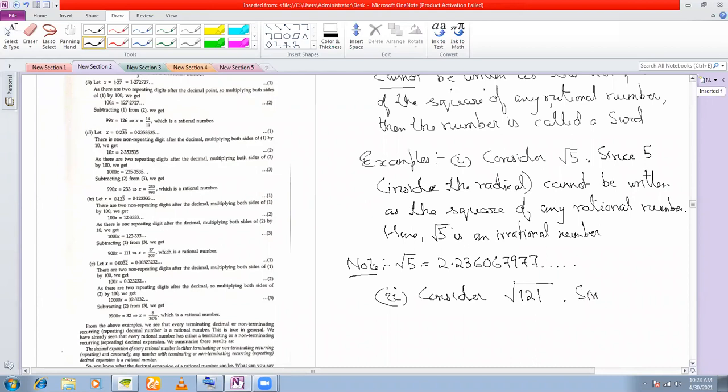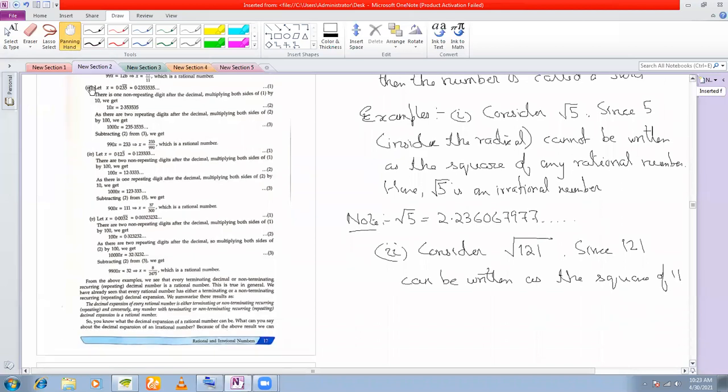Because 121, the number inside the radical, can be written as the square of 11, where 11 is a rational number. The square root of 121 is equal to 11.